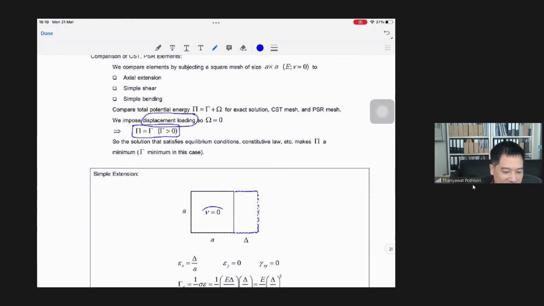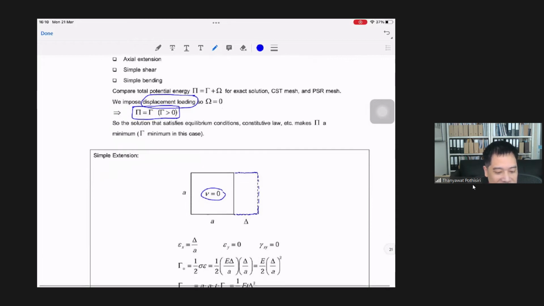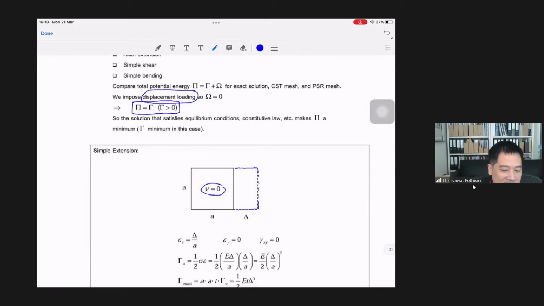But in this case, for our simple extension problem, we would assume that the Poisson's ratio is zero. So there's no contraction in the other direction. So you simply expand your element in one direction only. So we're going to use this displacement mapping to observe what's going on with the strain energy of the structure.